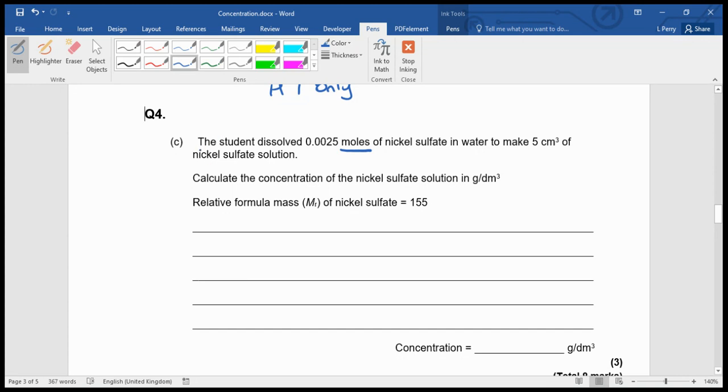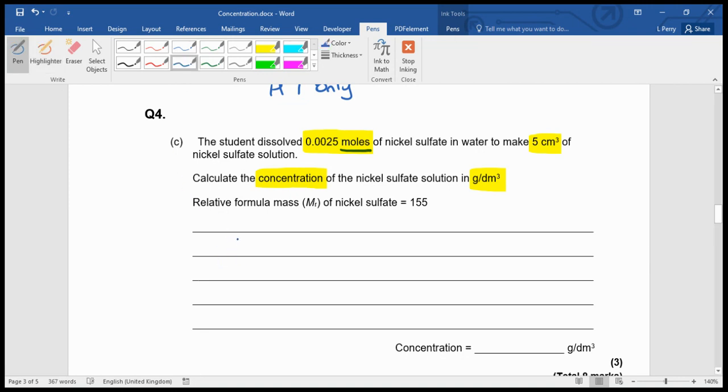So we're asked, the student dissolved 0.025 moles of nickel sulfate in water to make 5 centimeters cubed of nickel sulfate solution. Calculate the concentration of the nickel sulfate solution in grams per decimeters cubed. Now we've got several steps to do here, and remember, every step will get us credit, even if we don't finish the question.